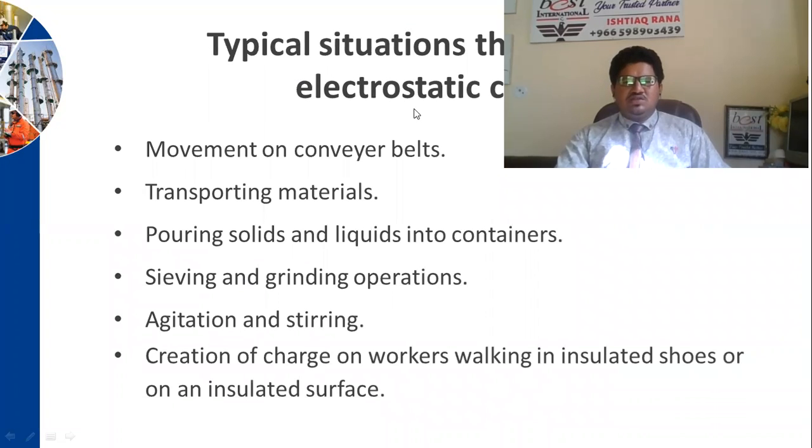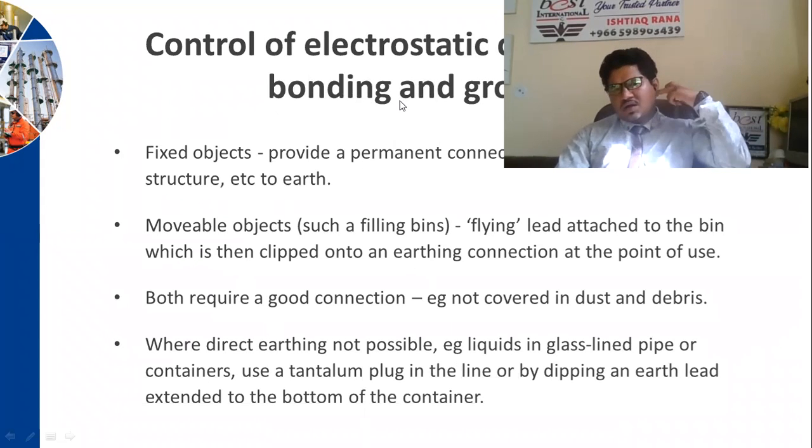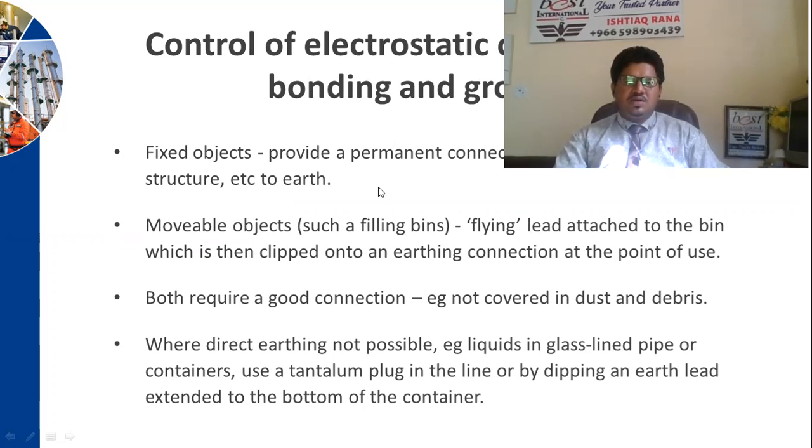Typical situations that generate static electricity: movement on conveyor belts transporting materials, pouring solids and liquids into containers, sieving, grinding operations, agitation and stirring, and even creation of charge in workers walking on an insulated surface. How are we going to control them, especially through bonding and grounding? For fixed objects we use grounding, and we use bonding.